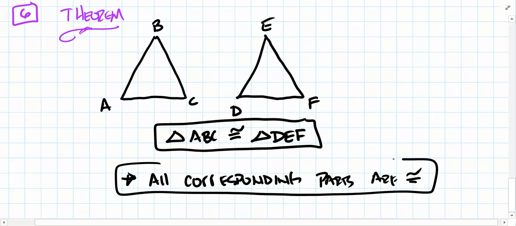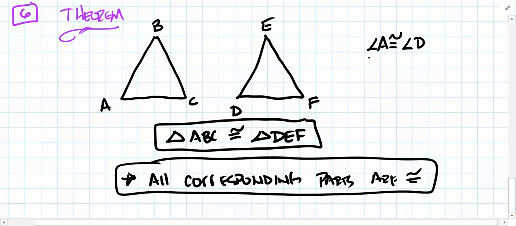So what do I mean by that? I mean that angle A is then congruent to what? Angle D. Good. I know that angle B is congruent to what? Angle E. I know that angle F is congruent to angle C because they're corresponding, right? I know that side AB is congruent to side what?